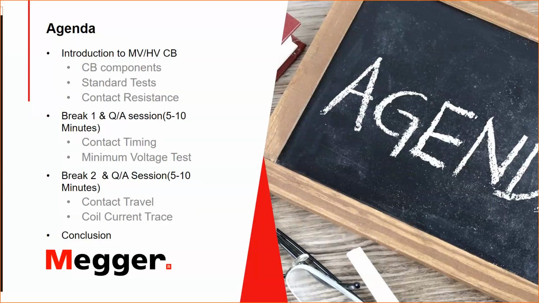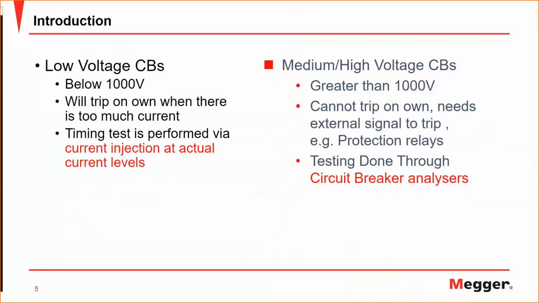So we'll start first with an introduction to circuit breakers. From our point of view as a power system testing solution provider, we divide circuit breakers into two parts. First, we have low voltage circuit breakers, which are usually below 1000 volts or 1 kV.